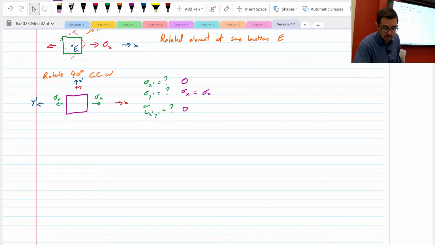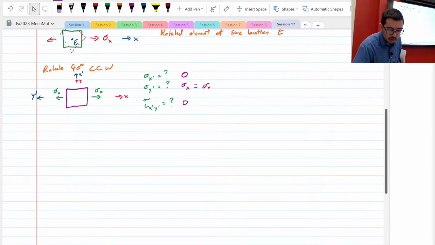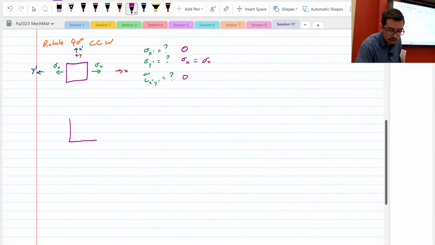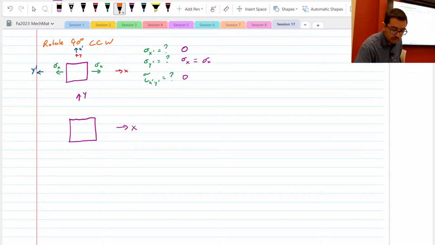So, for this, what we're going to do is we say, okay, our original configuration was this, and we have some x, some y, all right? Our new configuration, let's do it not at 45, maybe 30, something like this.